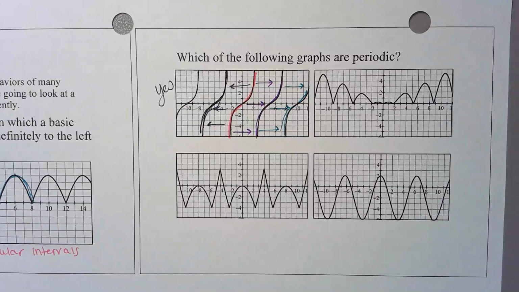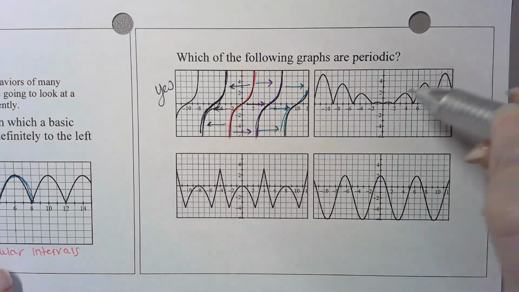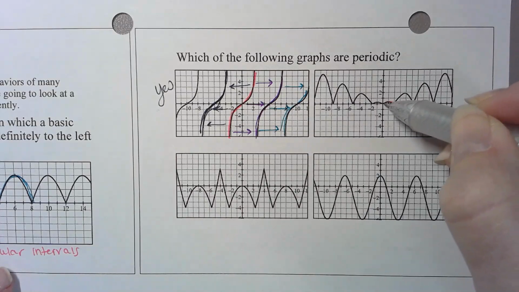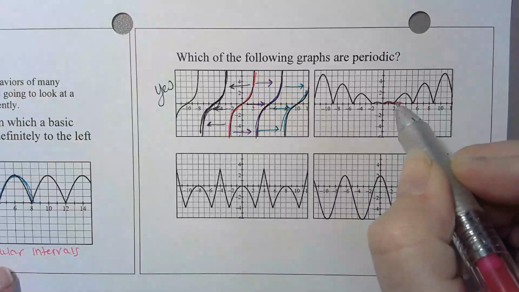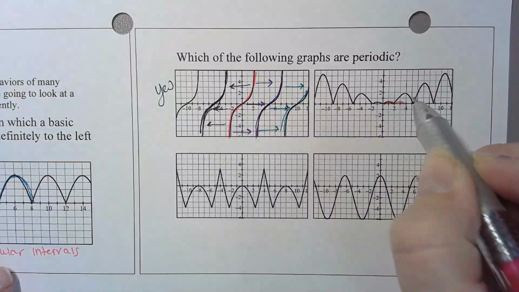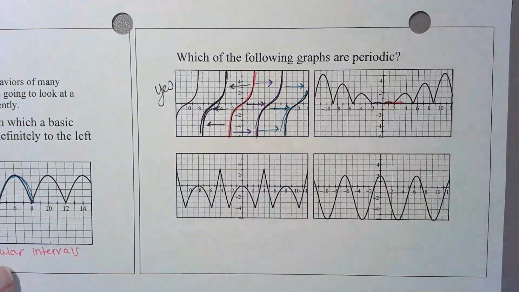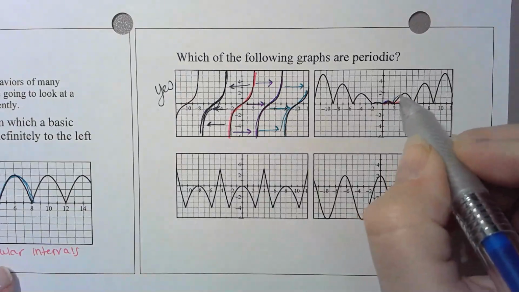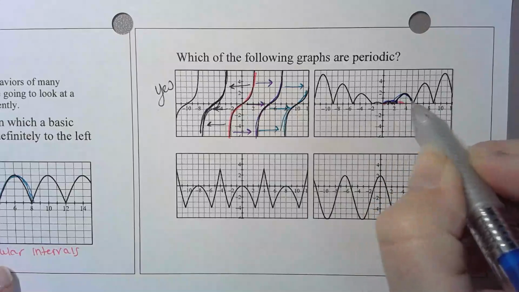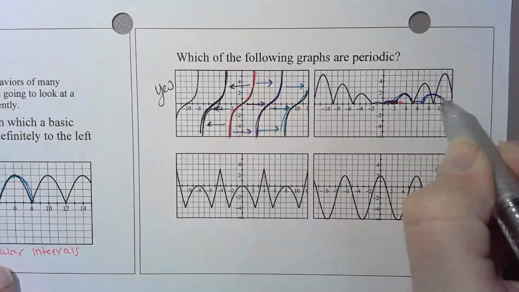The second graph has a lot of symmetry, has a lot of similar pieces. However, if I start right here in the middle, this little piece, if I slide it over, that's not what I get. Even if you looked at it as a bigger picture, like this piece right here, if I were to slide that piece over, it would look like that.